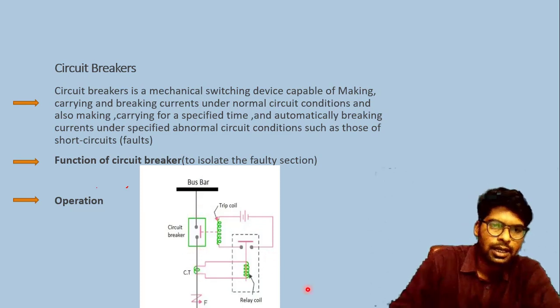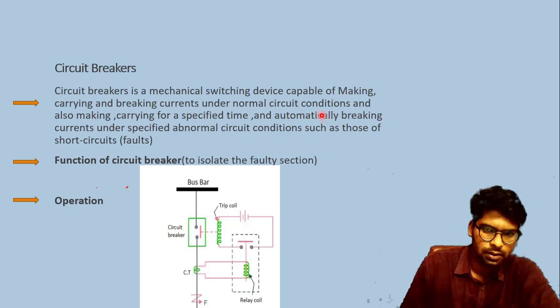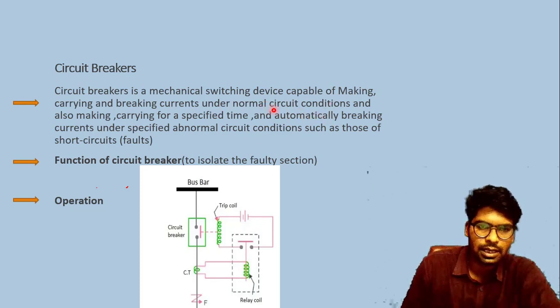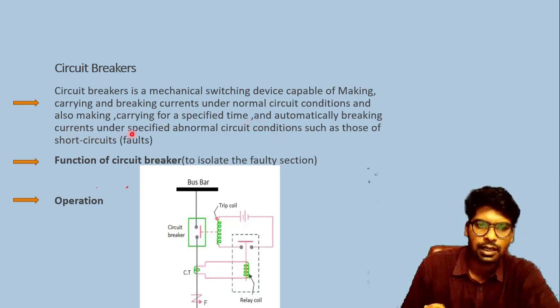The circuit breaker is a mechanical switching device capable of making, carrying and breaking currents under normal circuit conditions, and also carrying them for a specified time, and automatically breaking the currents under specified abnormal circuit conditions.